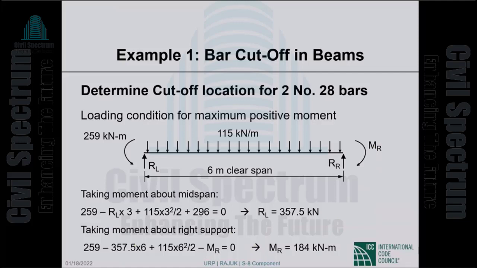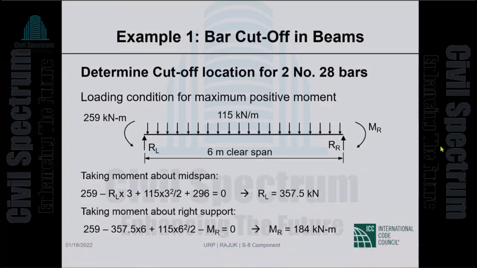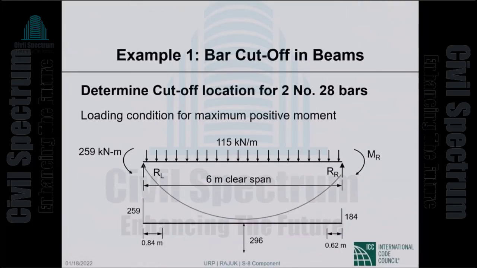Okay? 184 kilonewton meters, not the value that we designed the section for. Okay? So now we have our bending moment diagram, 259 at this support, 184, I think, is the calculated value at that support, and 296 is the span moment.